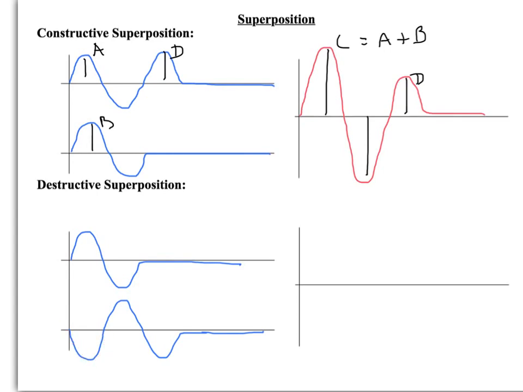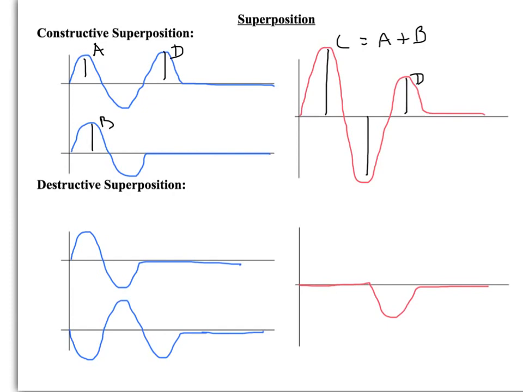So if we switch the waveform, again, like this, but then noticing we've got the peak down here where we have only a peak on this one, but not on this one. So when this peak here is equal to this one, you get this flat section because they completely cancel each other out. And those are the two types of superposition you need to know about.